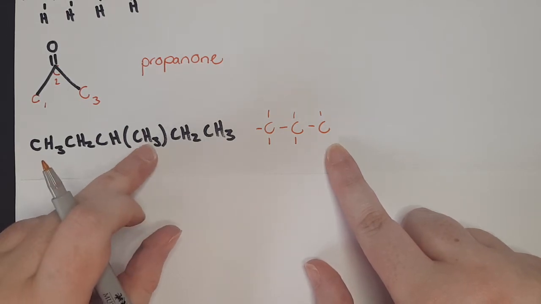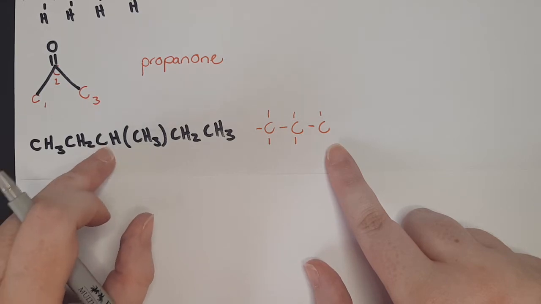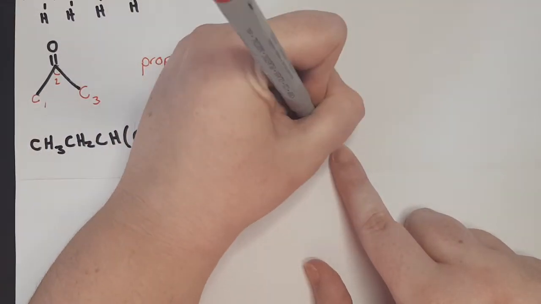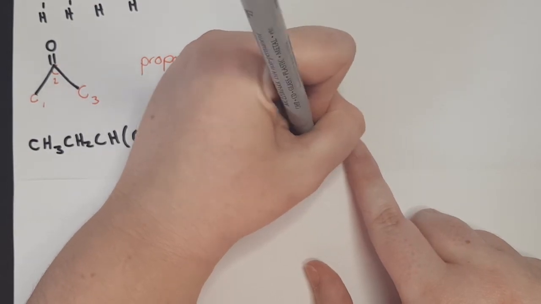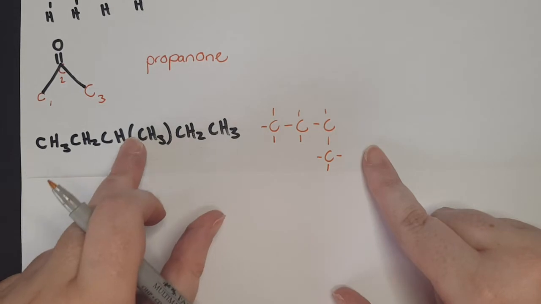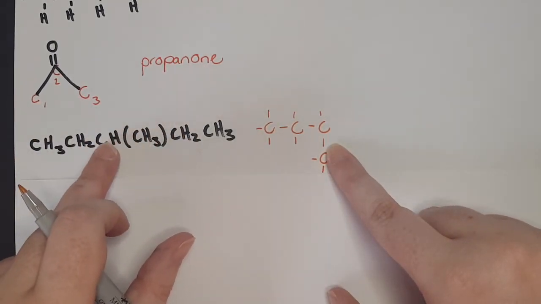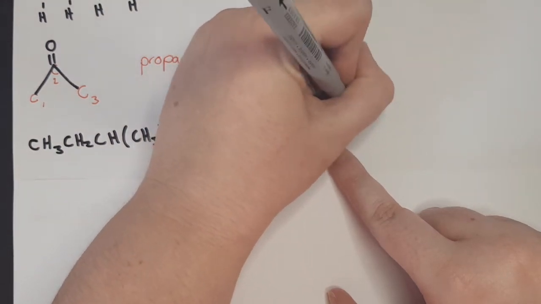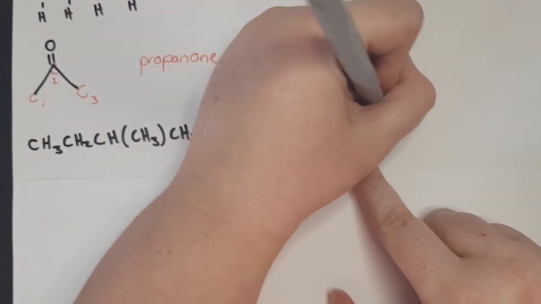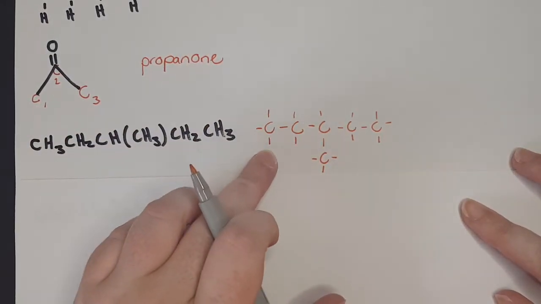So remember, brackets means that this whole thing in the brackets is attached to that carbon before it. So on this same carbon, I have the CH3 that's attached to it. Then I go to the next carbon, which is attached to this one before the brackets. So I have a CH2, and then my last one, CH3. So my structure looks something like this.